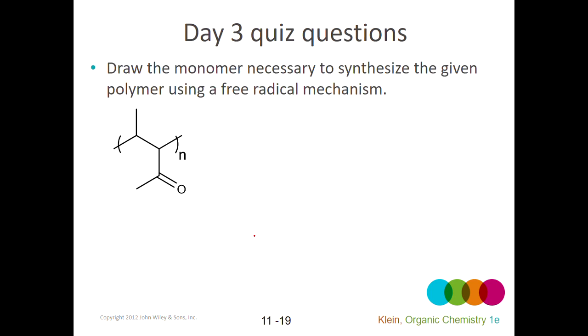All right, so for the first question of today's quiz, I gave you the polymer, and I wanted you to predict the monomer. Based on what we just said, these brackets represent what's included in each monomer unit once it's incorporated in the chain. So here, this is meant to show the chain extending in both sides.